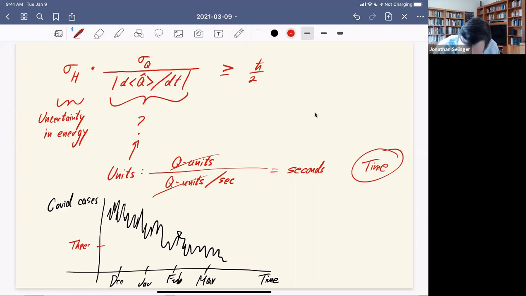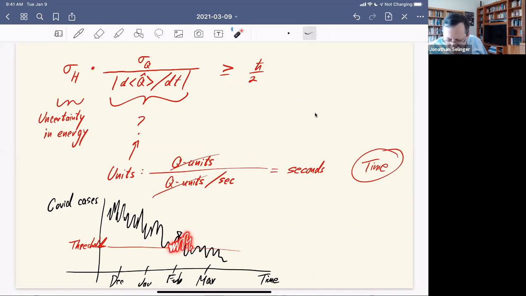Okay, so we could say, maybe we'll reopen Kent State when the COVID case rate gets below a certain threshold like that. Okay, and so, how well do we know when that happens? It's a little bit tricky because you can't just look at any one moment because there's uncertainty.